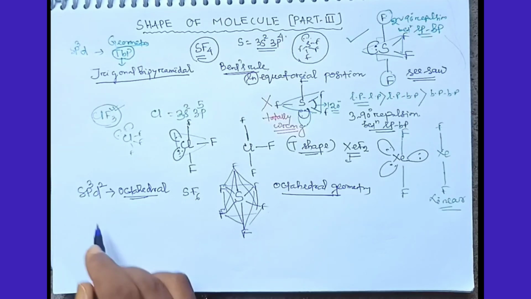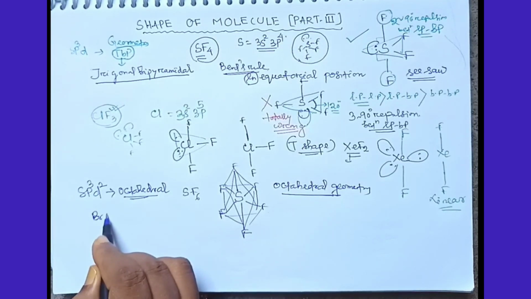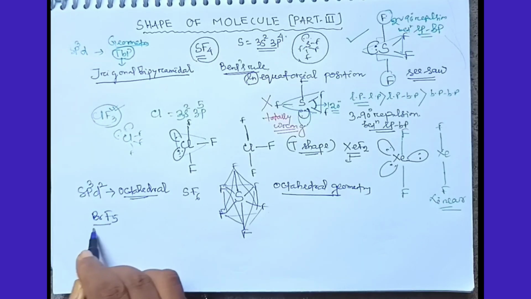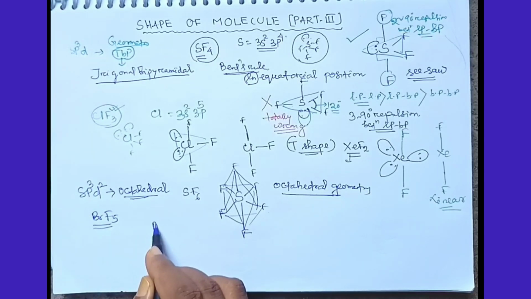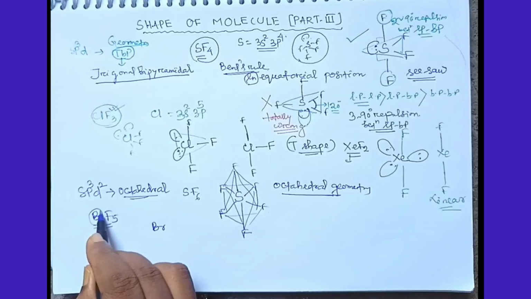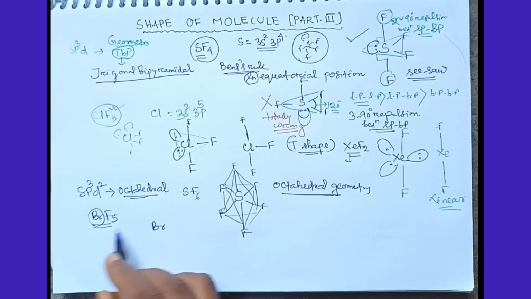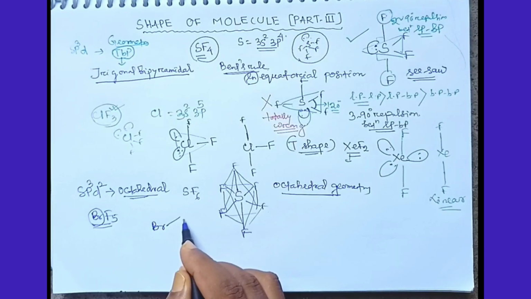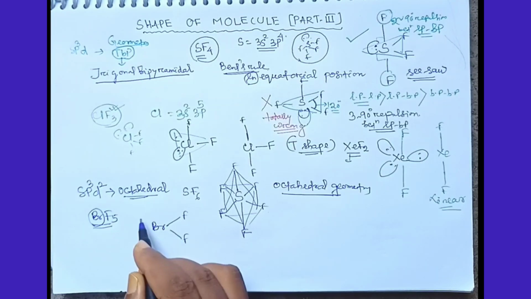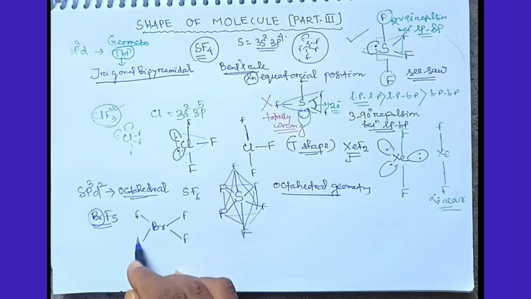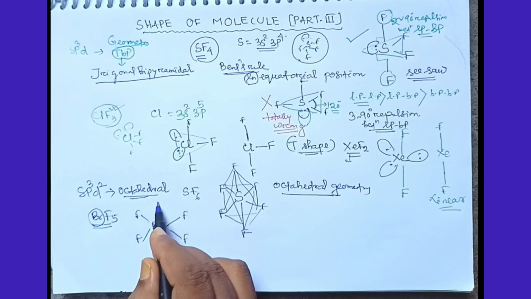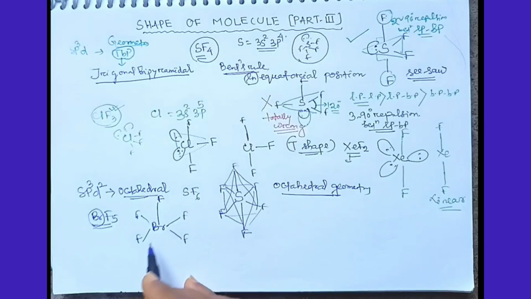Now if we discuss BrF5, here bromine is the central atom and it has 7 outermost electrons. So what we will do, we will put 4 fluorine atoms in the equatorial position and 1 fluorine atom in the axial position, with 1 lone pair below the plane.